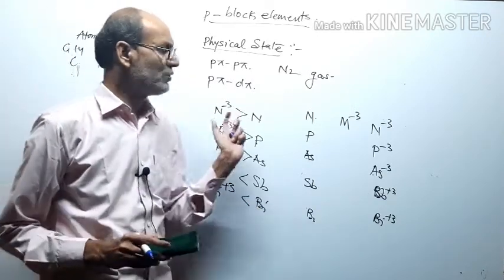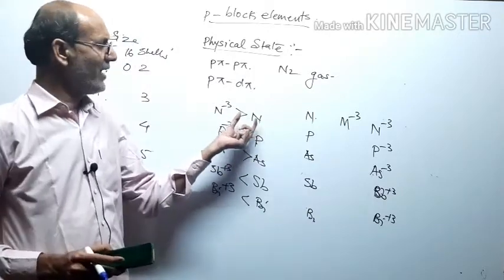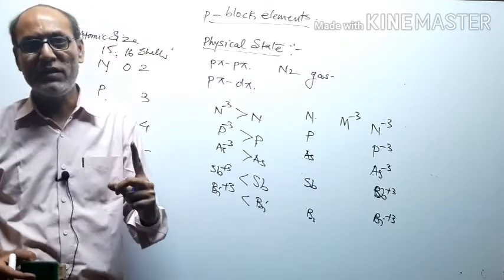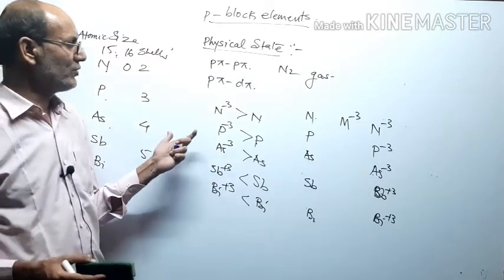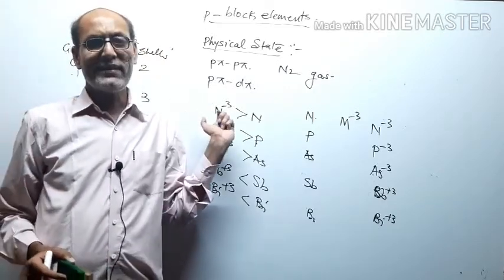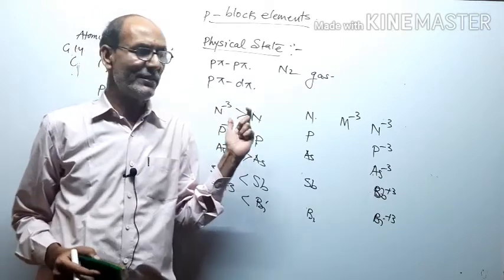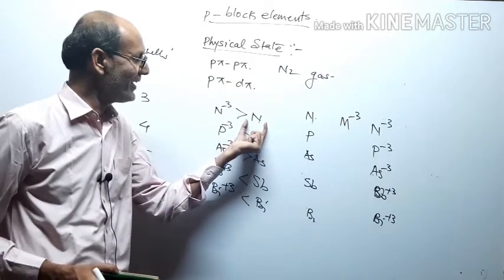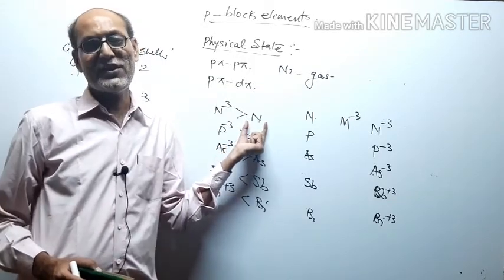It happened because when any negative ion is formed, the number of electrons in the valence shell will increase and the attraction towards the nucleus and valence electrons will be less. That's why the size of the negative ion will be greater than the size of the parent atom.